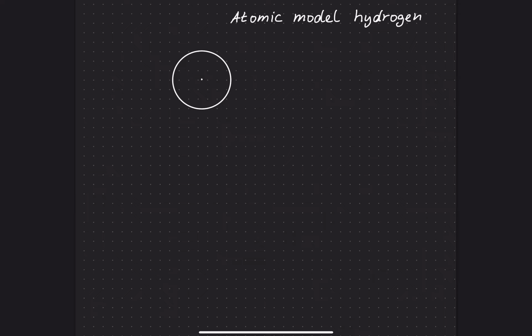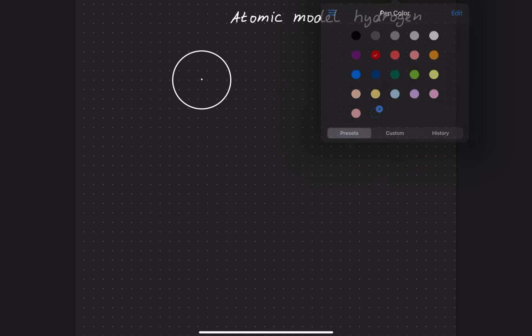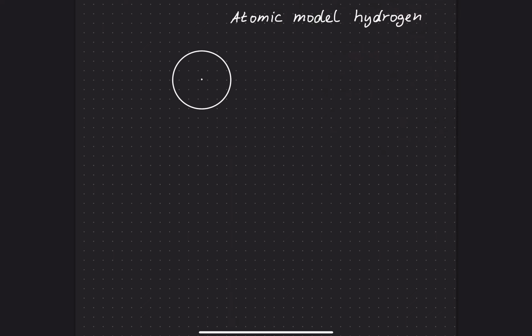So for hydrogen, we have one electron in the first and its outermost shell. So we have here an electron located on its first and, of course, outermost shell.